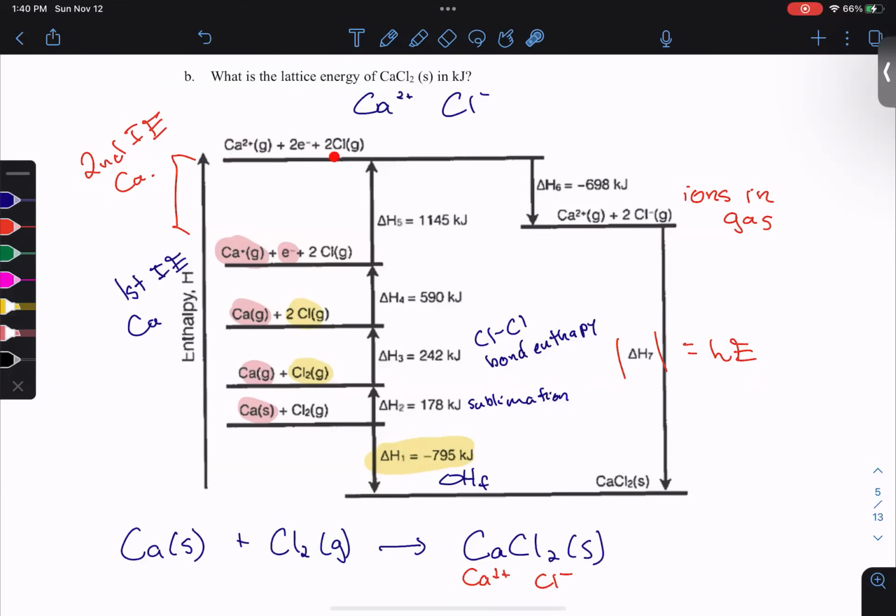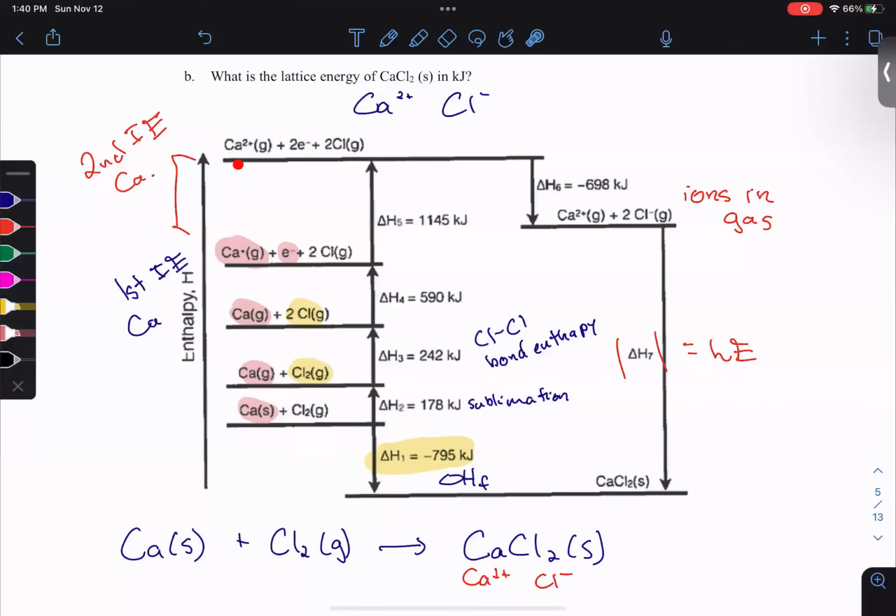If we think about the next step, we turned calcium into the ion we want, but now we need to turn chlorine into the ion we want. So does that mean we need to do ionization energies for chlorine? Is that what we want to do next? Think about what we need to produce to make an ionic compound.